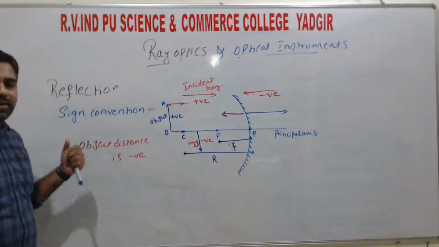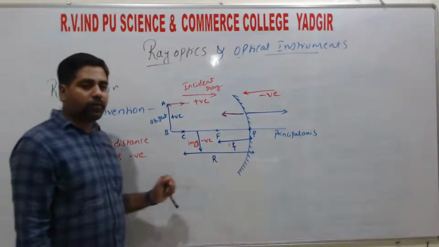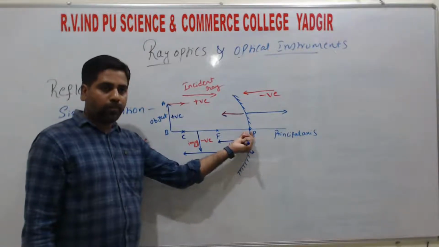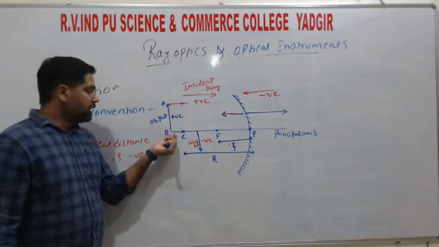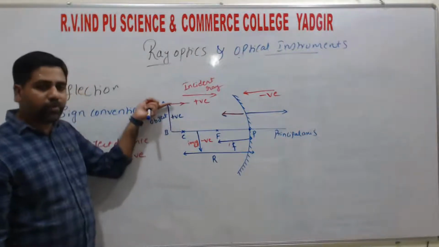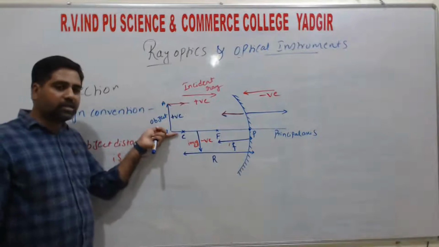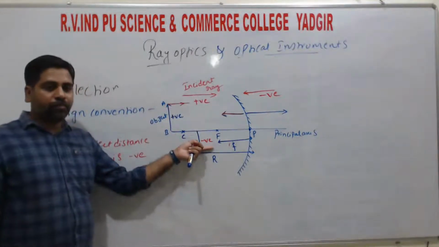So this is about the sign convention. Here we have three sign conventions. The first one is that all the distances are measured from the pole. The second point is that the distances or heights measured above the principal axis should be positive, and the heights measured below the principal axis should be negative, right?